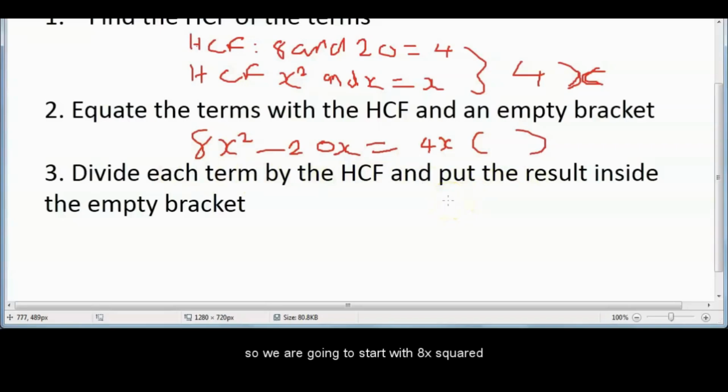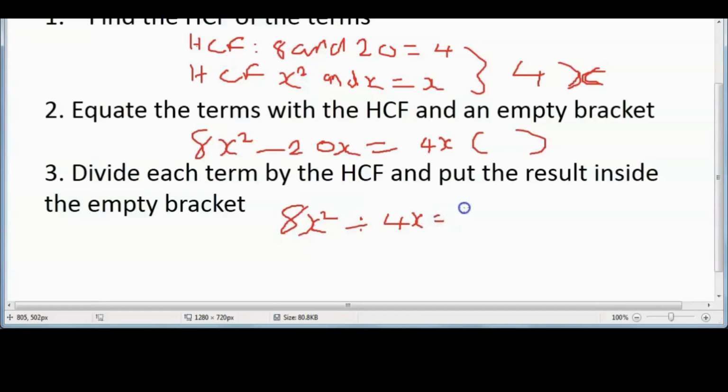So we're going to start with 8x squared divided by the HCF, which is 4x. This can be written as 8x squared over 4x.